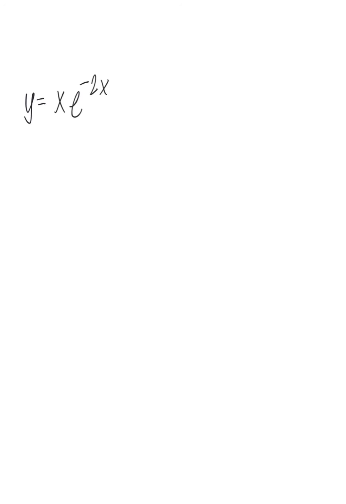So far, I've said x times e to the negative 2x. I know that e to the negative 2x right here will be a chain rule. But before I do that chain rule, I will have a product rule right here.